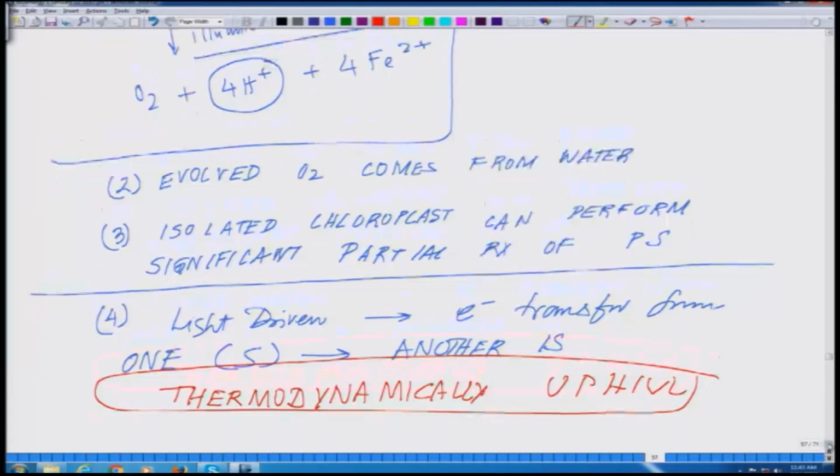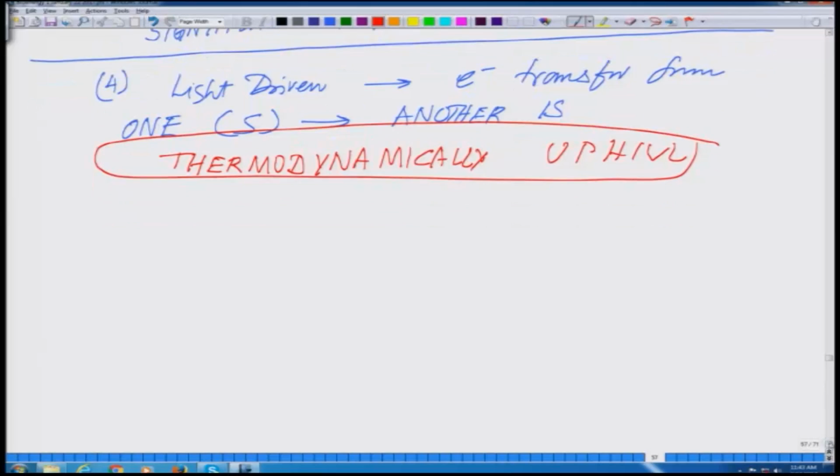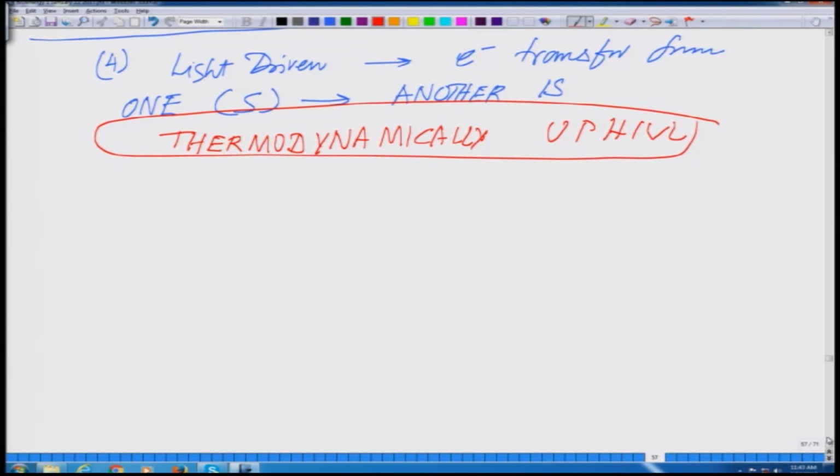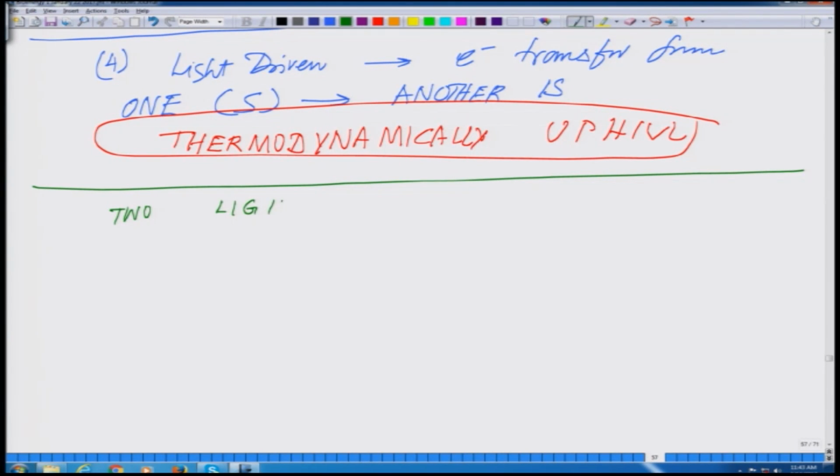Now, from here we will move on, let us move the slide to the next aspect. What we talked about was two light reactions interacting in photosynthesis.